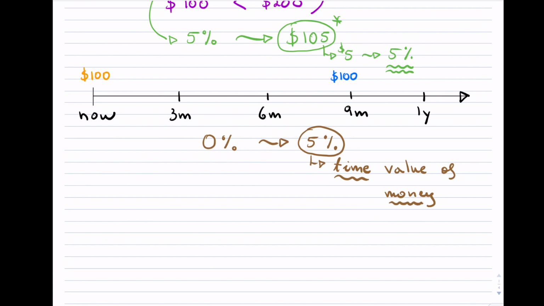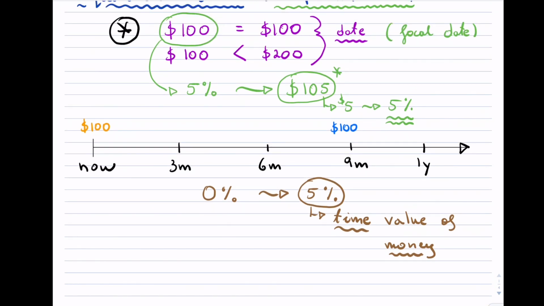So what we like to do is pick, as I pointed out over here, this focal date. You can choose this focal date yourself, and it can be at any point in time, but it has to be a particular date where you're going to be comparing two or maybe more values in time.